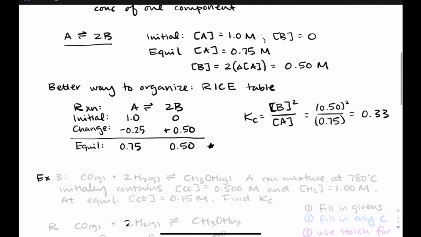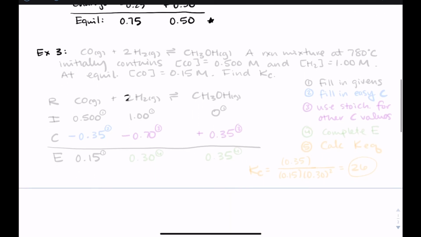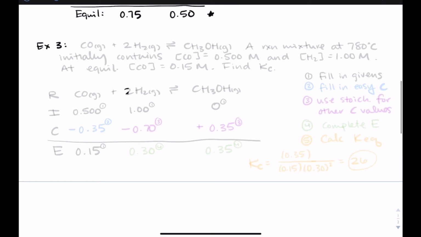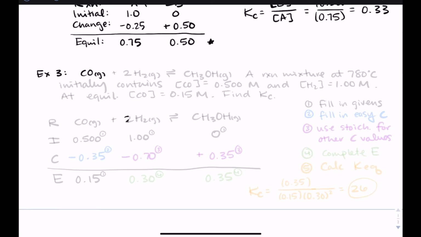Okay. One more example, a little bit longer, and I have put things in my ice table in order and color coded them so that you can see what's coming in when and how to go between the steps. So carbon monoxide plus 2H2 gas in equilibrium with CH3OH.